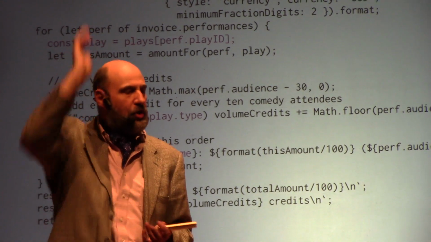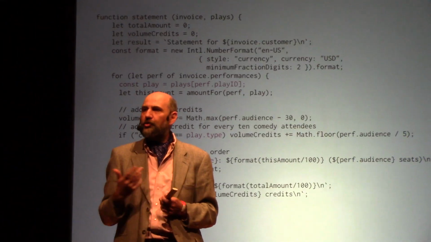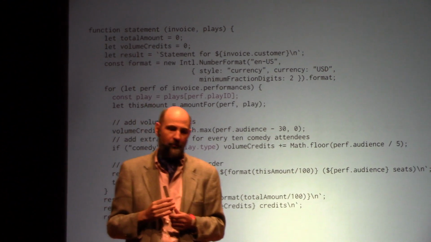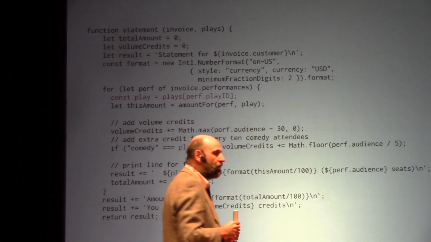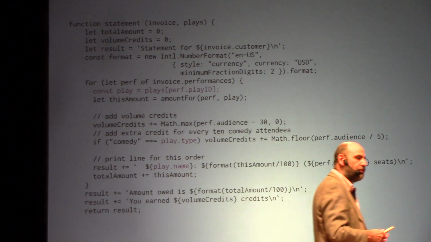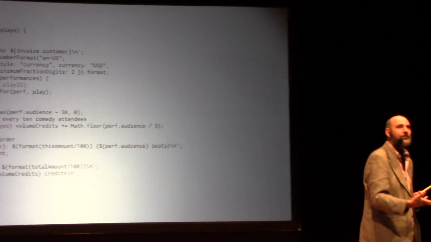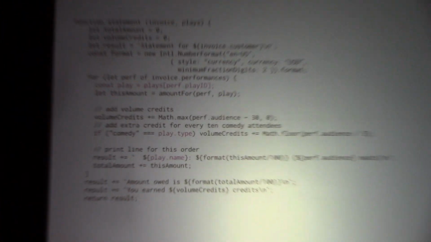But as the program grows in size, temporary variables often get in the way and make each piece of refactoring more complex. So my preference is whenever I'm breaking a function down into pieces, or in this case, just trying to understand what the program does, I like to get rid of temporary variables as much as possible.